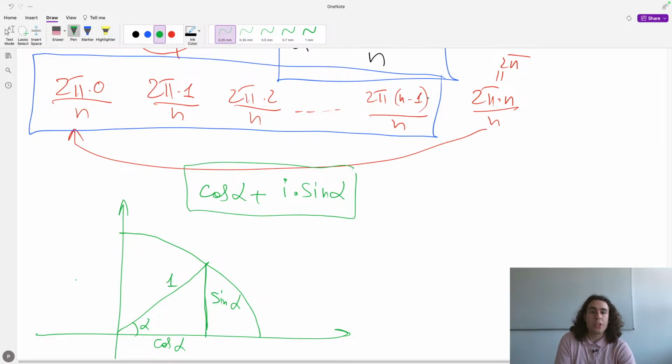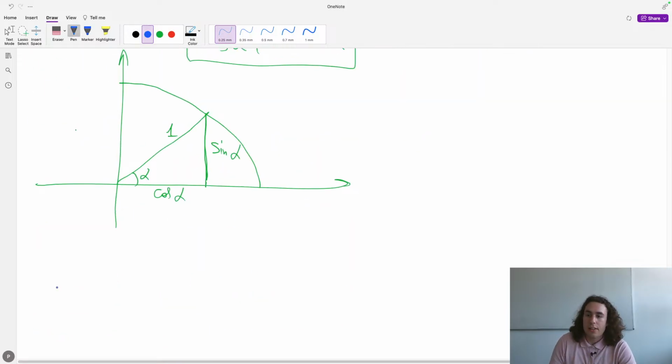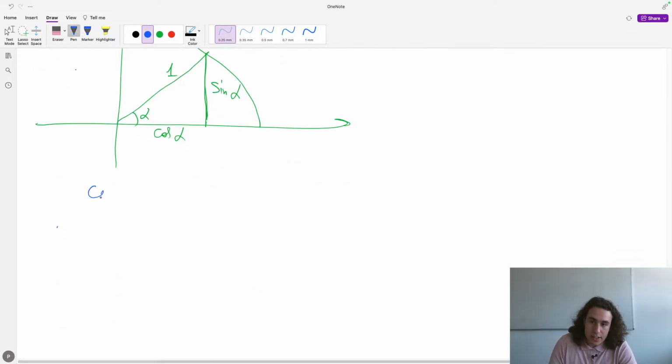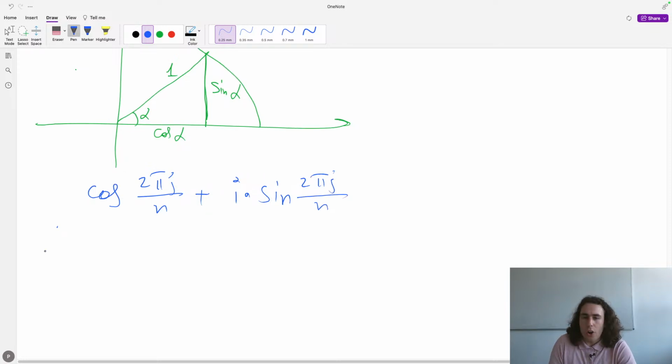And given that we know that the angles that we're interested in are of the form 2 pi j over n, the values that we're interested in are cosine of 2 pi j over n plus i times sine of 2 pi j over n, for all possible values of j from 0 to n minus 1.